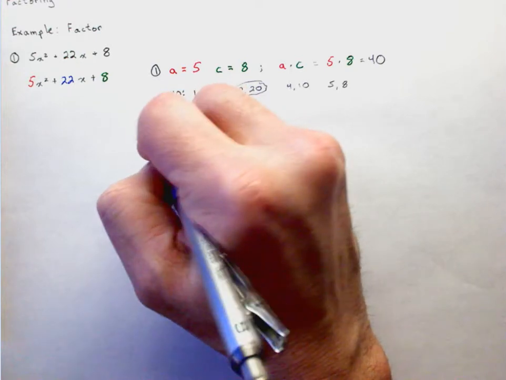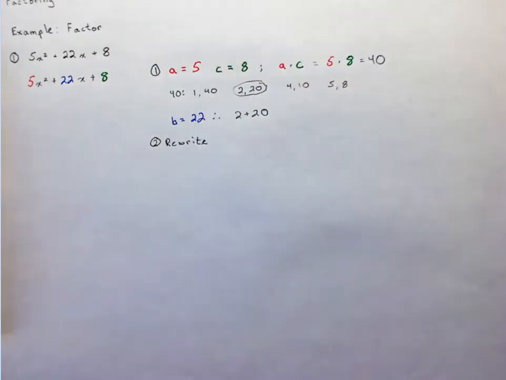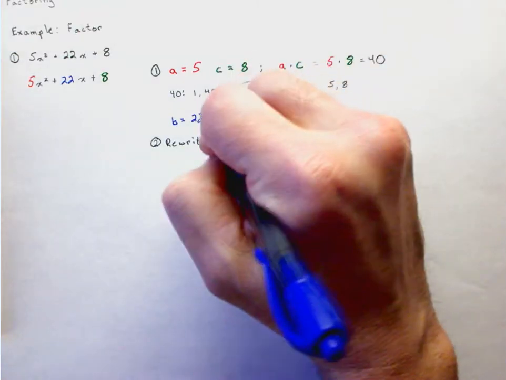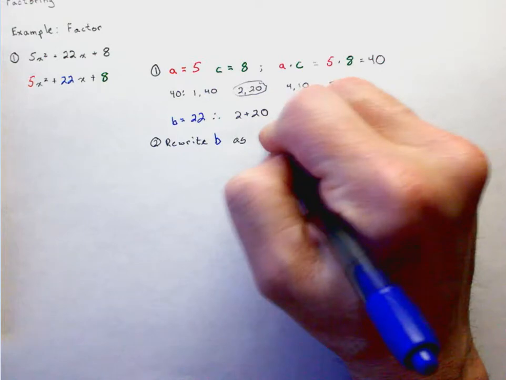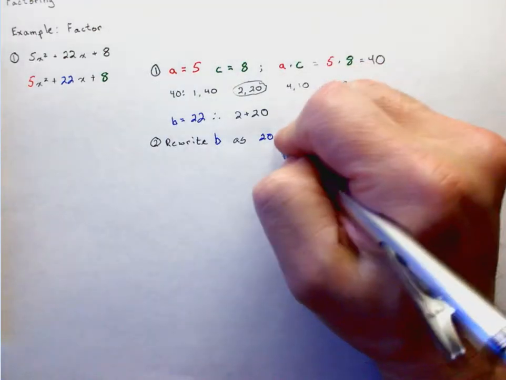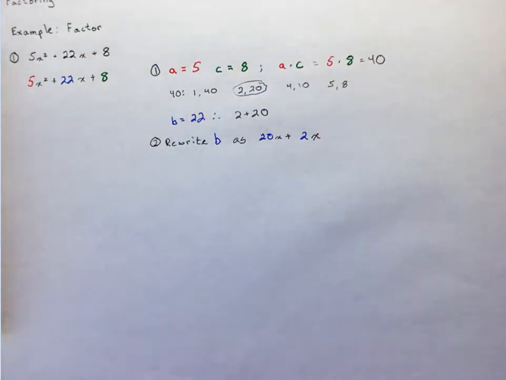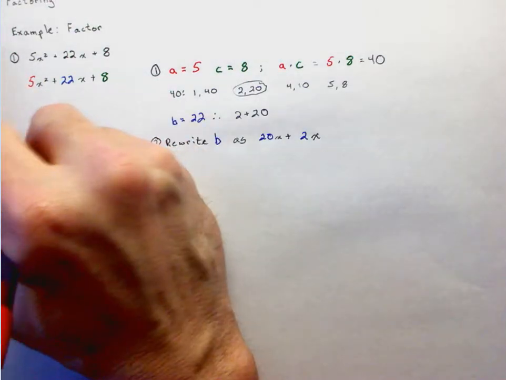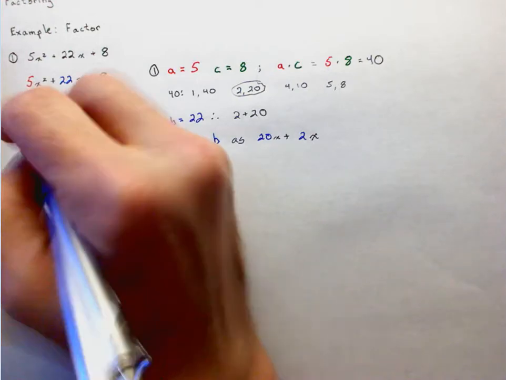The next thing I'm going to do is rewrite b in that expanded form. So 5x squared, nothing happens with that.